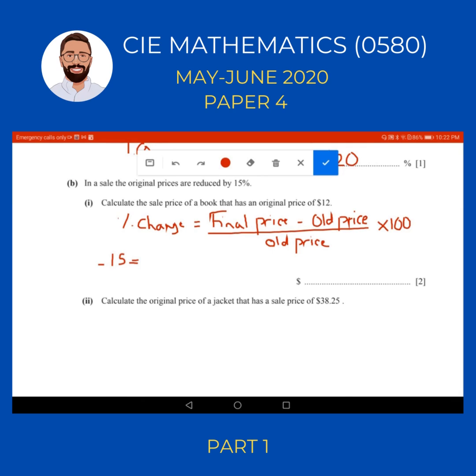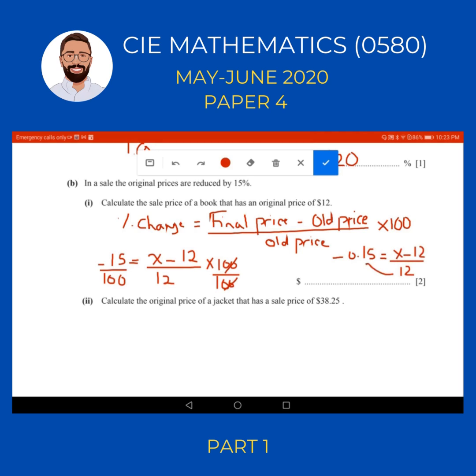So the final price is x. I want to find the final price minus the old price, which is 12, over 12 times 100. So over 100 here, and negative 15 over 100 is negative 0.15 equals x minus 12 divided by 12.